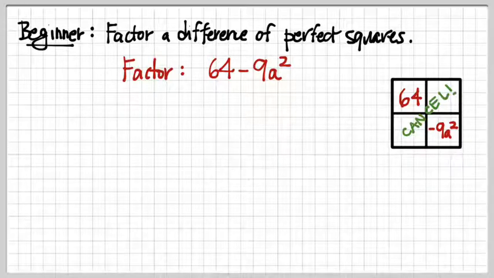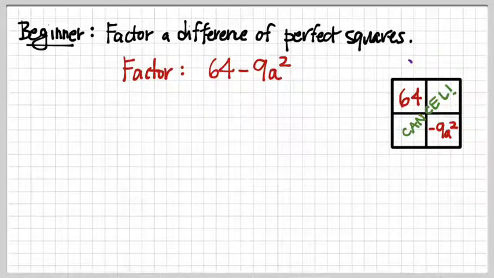And one of the best ways that we can ensure that those two do cancel is to try and break apart these two terms using equal factors, by which I mean, how do I break apart 64 into something times itself? 8 times 8. So that's where this method gets the name difference of perfect squares.